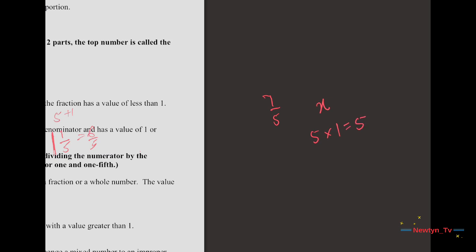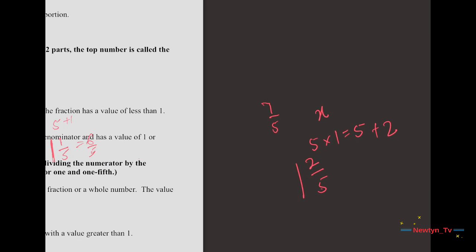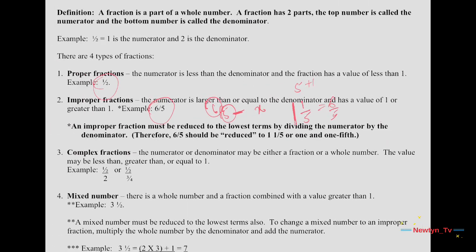Now we want exactly 7, so what number is added to 5 to make it 7? Plus 2, right? So the whole number is 1, then 2 on top over 5. So 5 times 1 is 5, plus 2 is 7, so 7/5 is 1 and 2/5. Simple, right? That is improper fraction. So whenever you get an improper fraction, the best thing to do is to reduce the improper fraction to a proper fraction, to the lowest term. That's what we did right here.